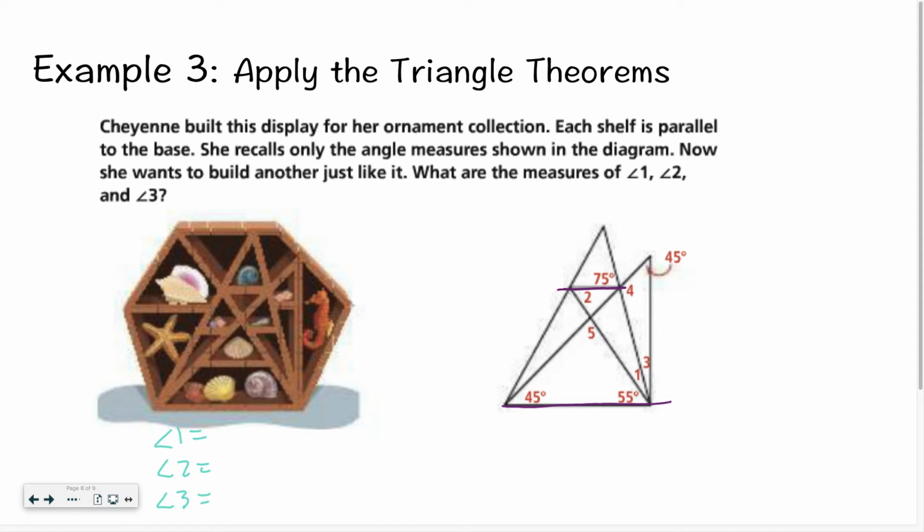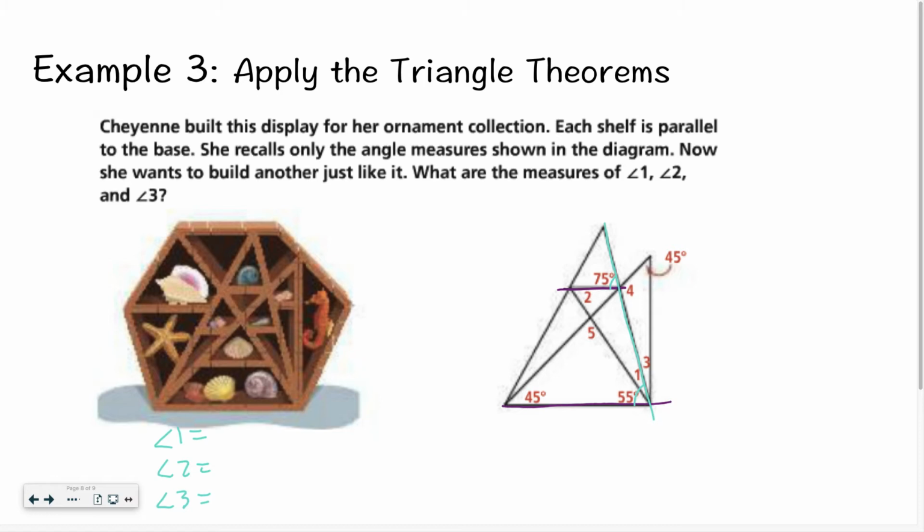All right, so if I start with angle 1, I can see that's kind of close to a parallel line. And if I draw out the line that helps form it, I can see I have a transversal. And angle 1 doesn't quite touch the parallel line, but if I bring it down and combine it with that 55, it becomes a corresponding angle with 75.